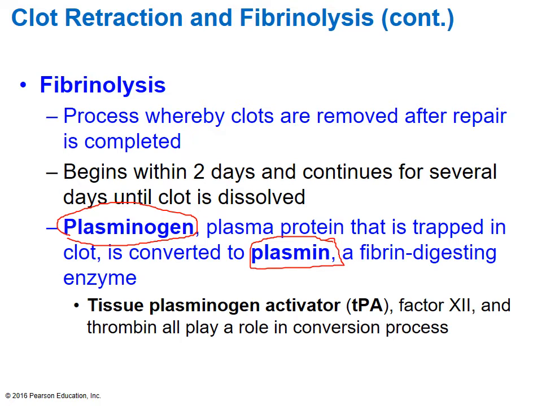It's able to cut the fibrin and start pulling them apart. And as it does so, it's assisted by things like tissue plasminogen activator, factor 12, and thrombin will actually play a role in this as well, and it will allow the plasmin to cut the fibrin as quickly as possible, thereby releasing the clot and completely dissolving it.